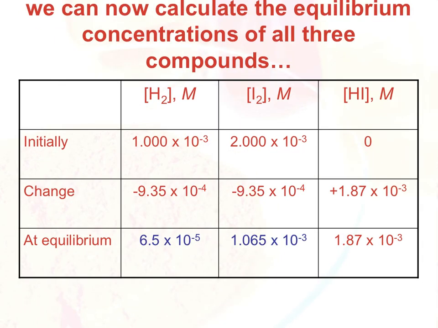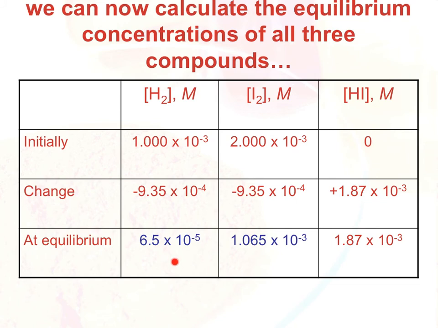So we've taken our initial value and subtracted the change that we see here: 1 times 10 to the negative 3, minus 9.35 times 10 to the negative 4, and that gives us 6.5 times 10 to the negative 5 as the concentration value of H2 at equilibrium. We do the same process for I2, and that gives us our value for I2 at equilibrium.